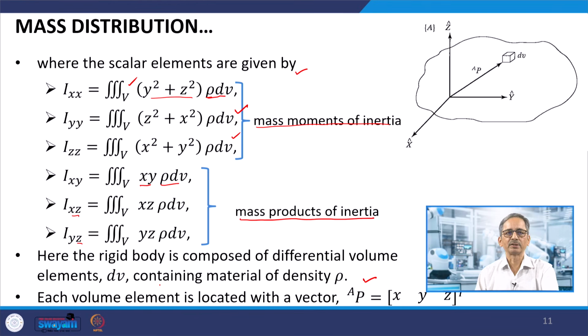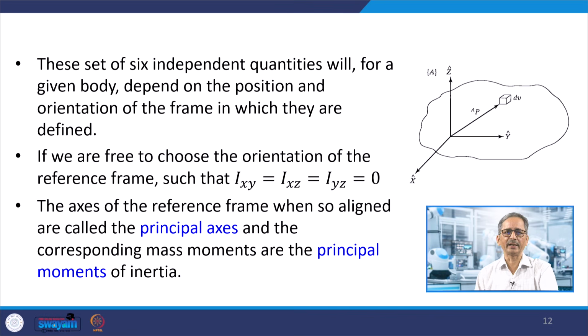If we are free to choose the orientation of the reference frame, then I can always have a reference frame such that Ixy, Ixz and Iyz are equal to 0. The axes of the reference frame, when so aligned that they make these terms equal to 0, are called principal axes, and the corresponding mass moments of inertia are called the principal moments of inertia.